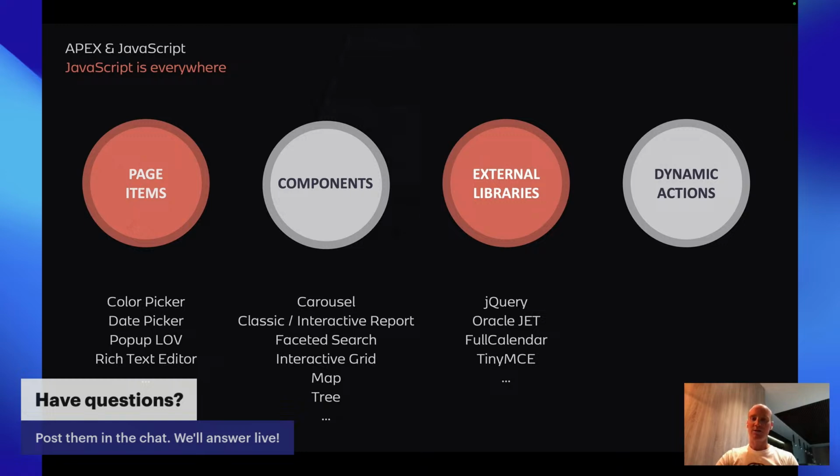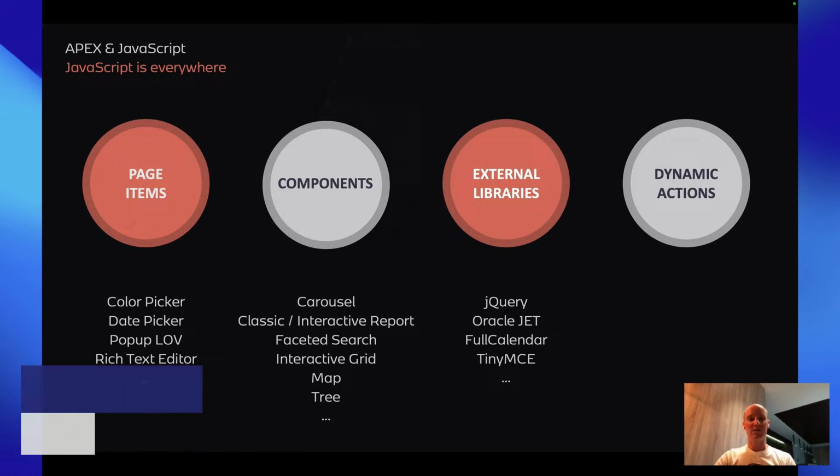Apex also uses external libraries like jQuery or Oracle Jet for charts. And also, if you use dynamic actions in your pages or applications, that is powered by JavaScript as well. So JavaScript is a very important component of every Apex application.